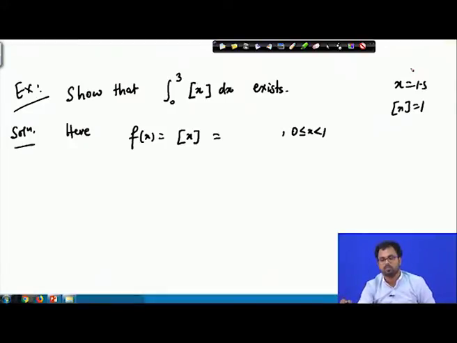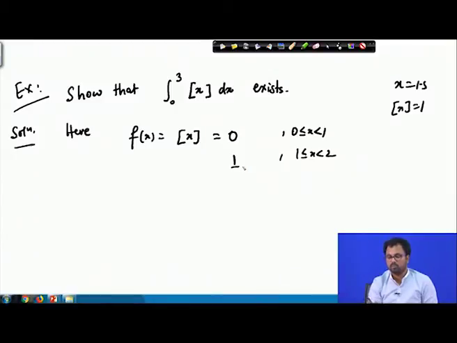So if x is between 0 and 1, box of x will be 0, and if it is between 1 and 2, then the value of the box function would be 1, and if it is between 2 and 3, then the value will be 2, and if x is 3 actually, then the value of the box function will be 3.